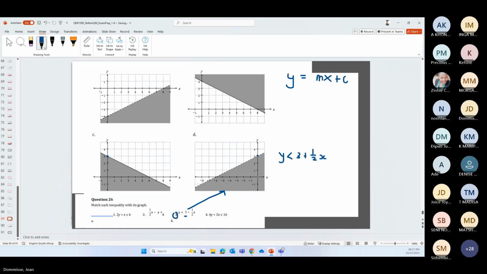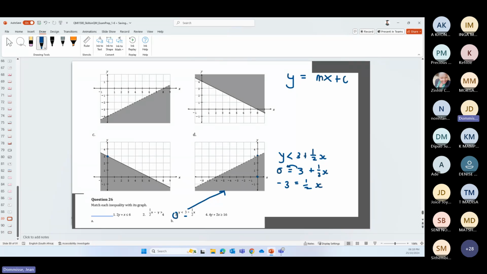So let's just make 100% sure. So when y is 0, let's see if x is minus 6. So when y is 0, we get 3 plus a half x. So then to work it out, we need to take the 3 to the left-hand side. That is minus 3 is equal to a half x.